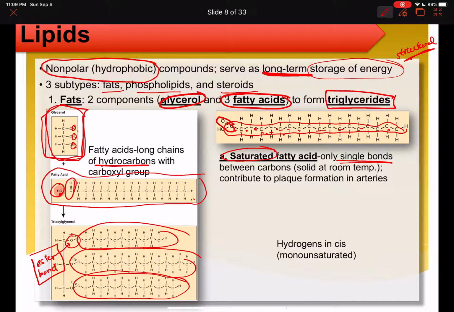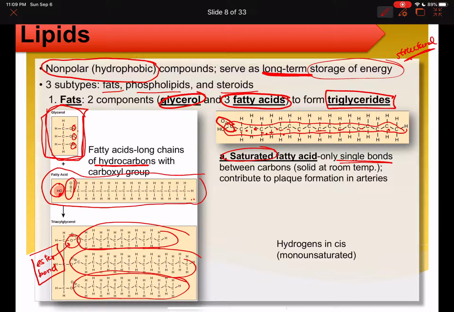If you've ever cooked bacon on a pan, all this grease comes out of the bacon itself, but once the pan cools down, you see all this white stuff in your pan if you didn't wash it right away, and it's kind of gunky. So that's that saturated fatty acid starting to form a more solid structure at room temperature.